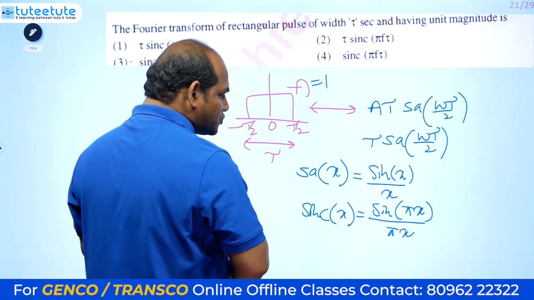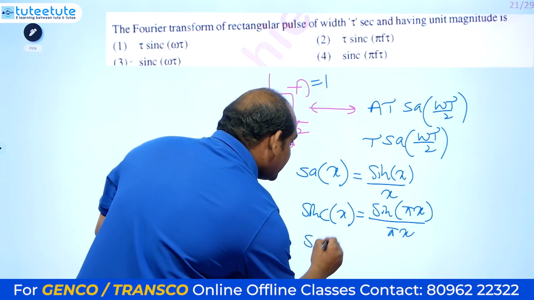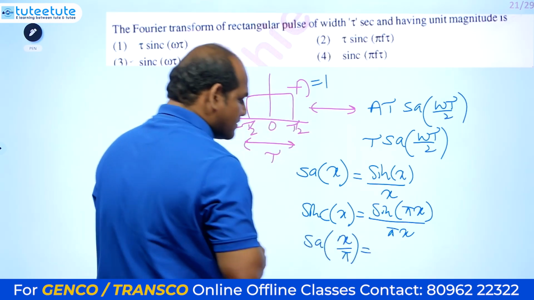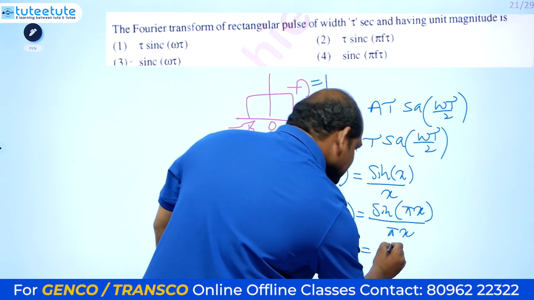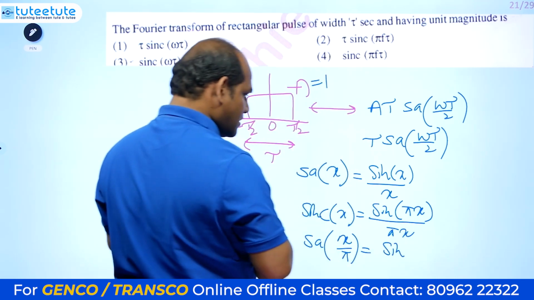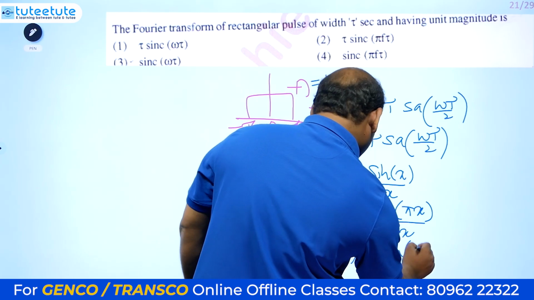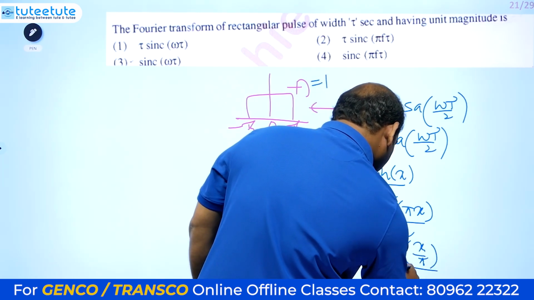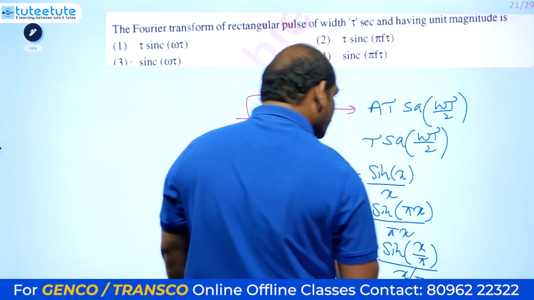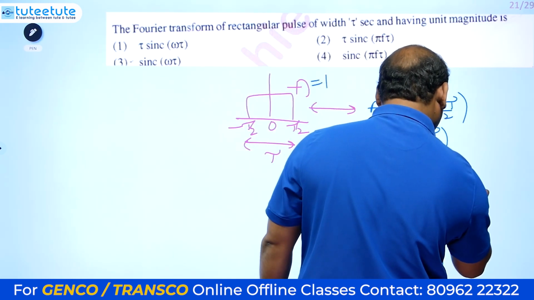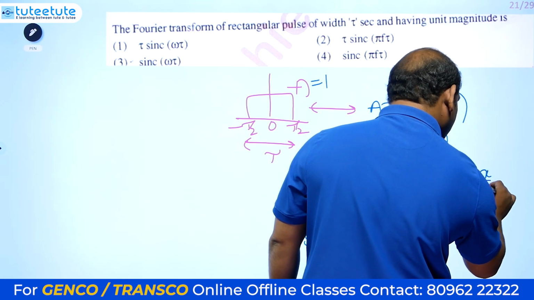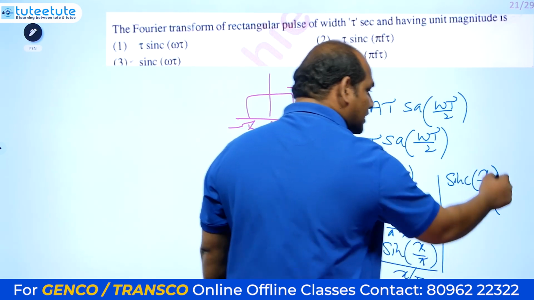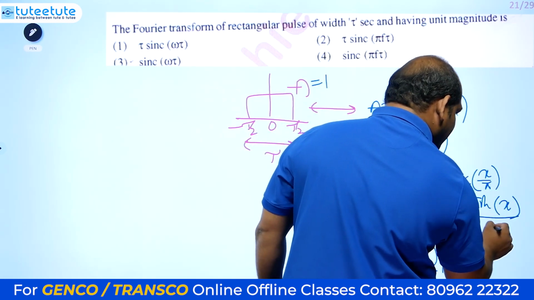Sampling of x by pi gives sin x by pi over x by pi, and for sinc we multiply with pi, so sin x by x.